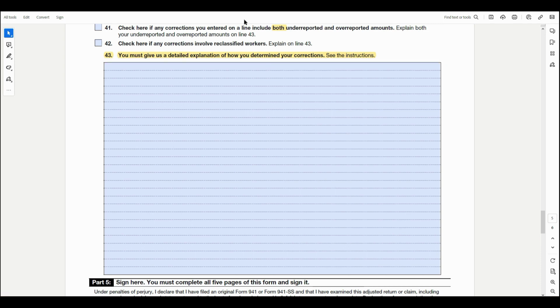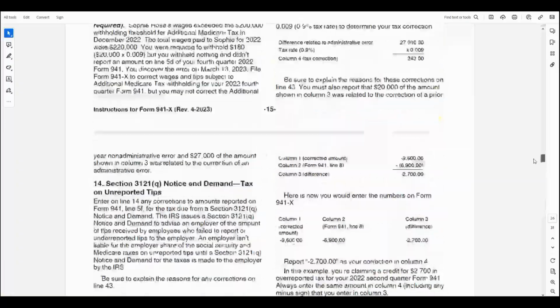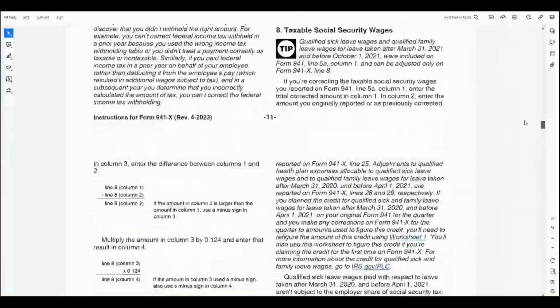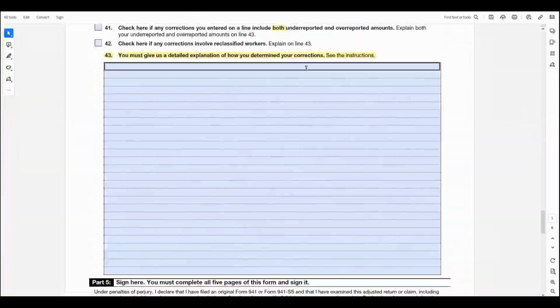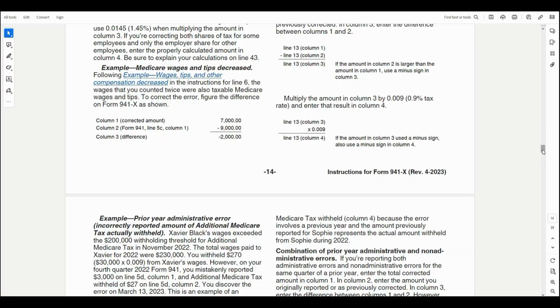So on this date, we discovered that we qualified for this ERC. It affected line 26... what was it, B or A? Oh, wrong form. So here, 26A. And so you would provide that explanation.